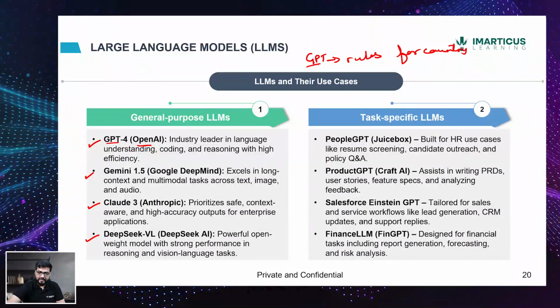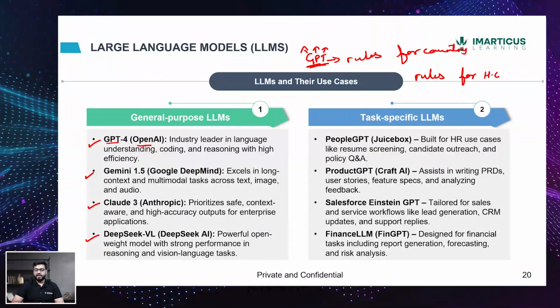Now let's say this same GPT, that is generative pre-trained transformer, is supposed to be used for an MNC in healthcare. The rules for that healthcare are going to be different. The GPT model knows how to communicate, it is really good with that, but it does not know the rules for this healthcare domain.